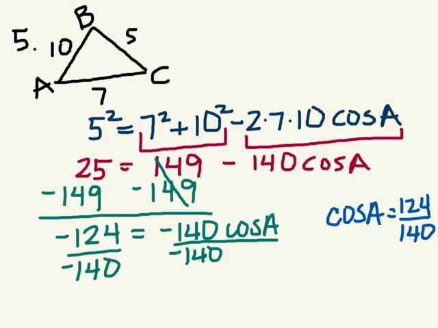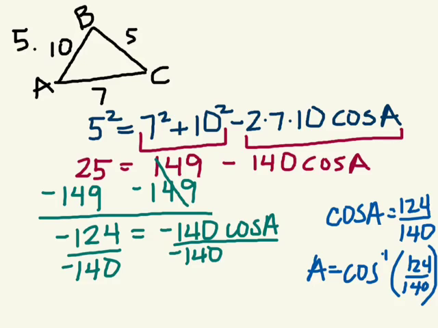If you remember from geometry and probably from algebra 2 as well, to get the cosine to the other side, you're going to do cosine to the negative 1. On your calculator, that'll be second cosine. It's also called arc cosine. So we have A equals cosine to the negative 1 of 124 over 140.